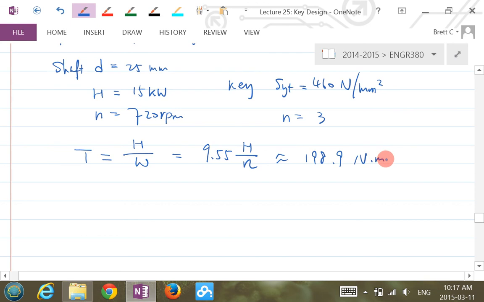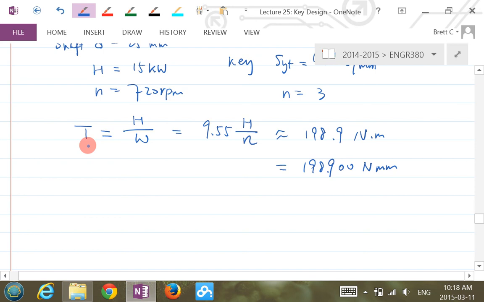Because the key material is in millimeter square, it's easier to do the calculation if you convert that into Newton millimeter, for ease of calculation. So that's your T.